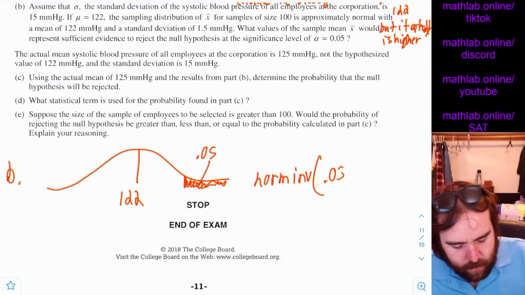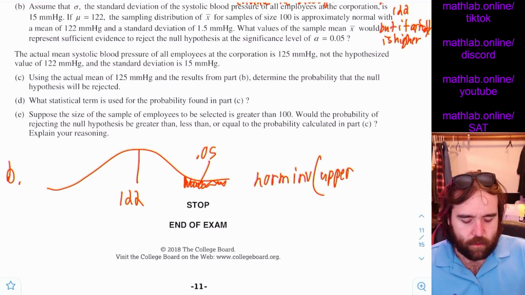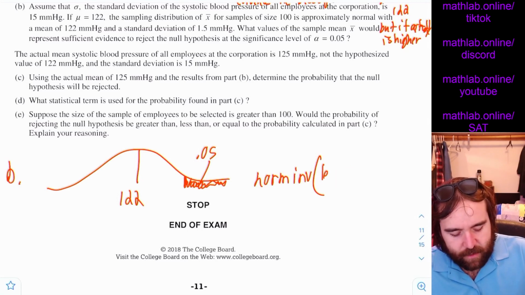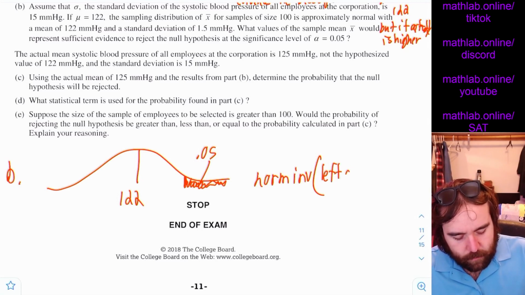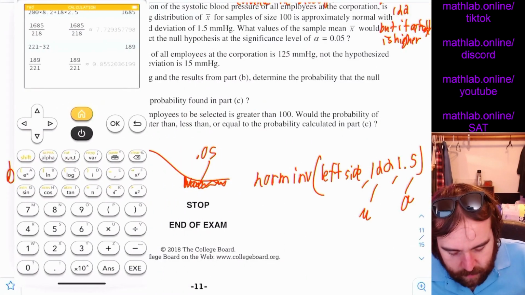Well, no, we're going to do upper. Or can I just say left side? I was going to say left side. That is an input to my function. We're doing the left side, with a mean of 122 and a standard deviation of 1.5. And we're just going to pop that into our formula.